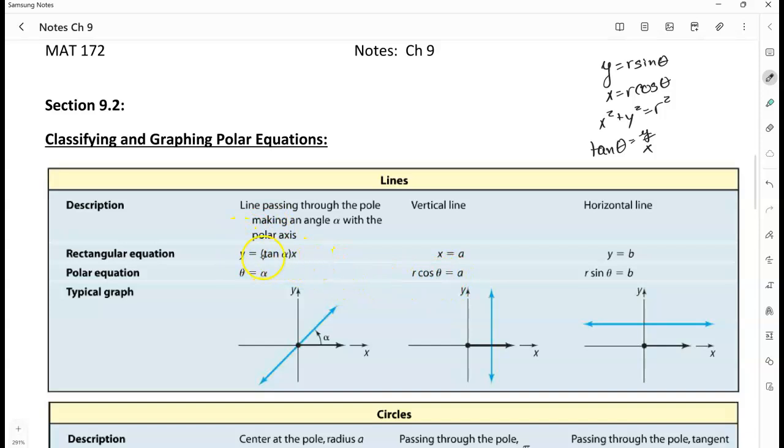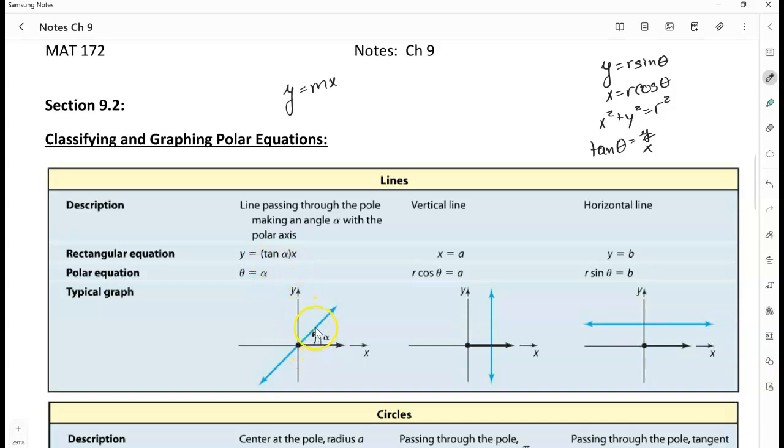If we talk about any other line, think about the line y equals mx. It's a line that goes through the origin, so the y-intercept is 0. If we want to graph that line, we need a substitution for m. We could think about the substitution for m in terms of the angle from the positive x-axis up to that line, and we could write that angle in terms of the tangent function.